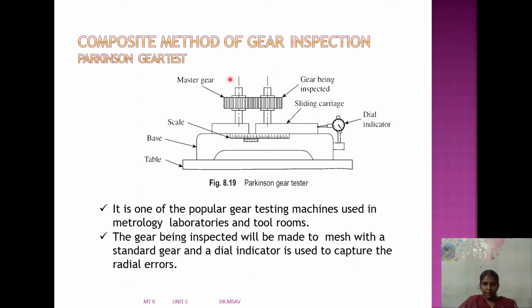The gear being inspected is mounted on the sliding carriage. Below the sliding carriage we have the scale. All these are mounted on the base, and under the base we have a table. If there is any problem in meshing, it is transferred to the sliding carriage and the dial indicator captures the reading.